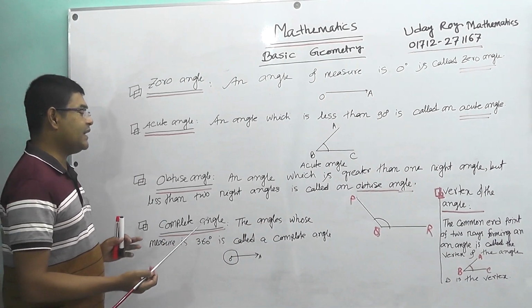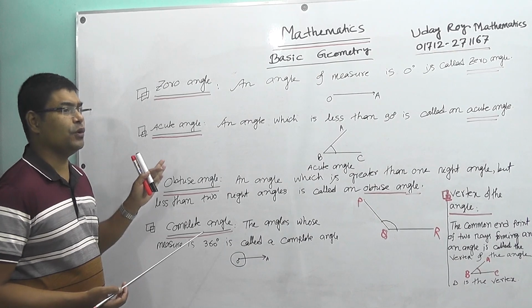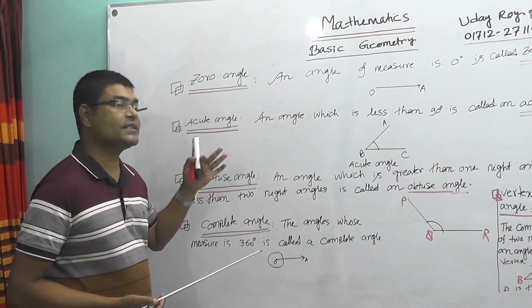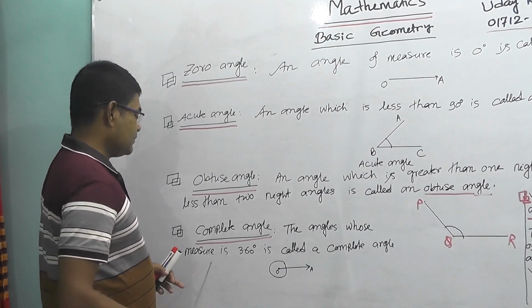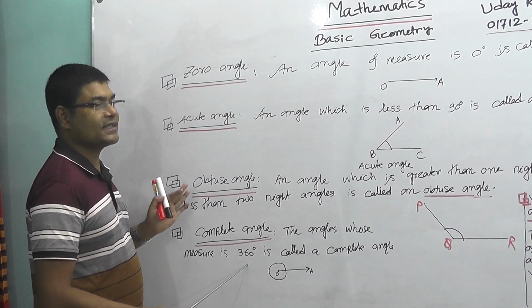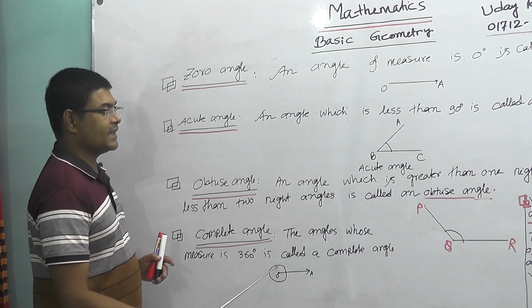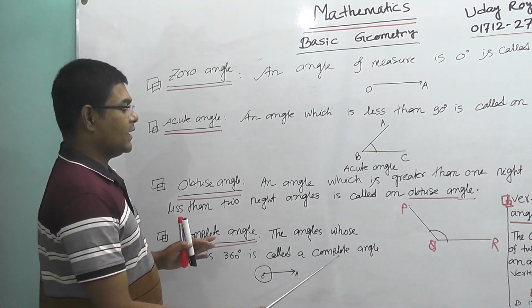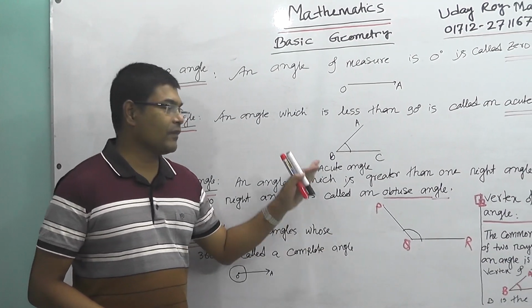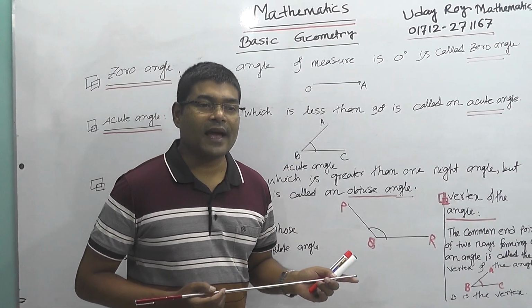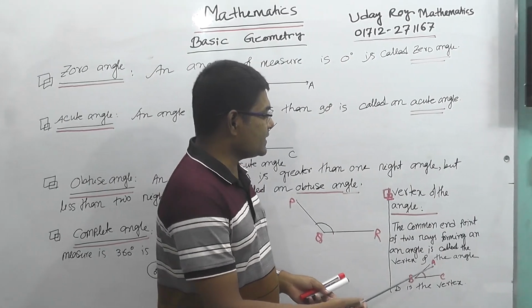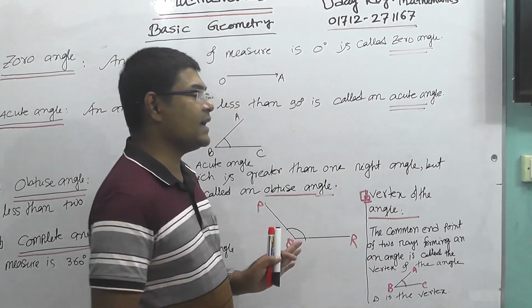And complete angle. You have to know complete angle. So what is called complete angle? The angle whose measure is 360 degree is called a complete angle. And what is the vertex of an angle? You can say here ABC is an angle.